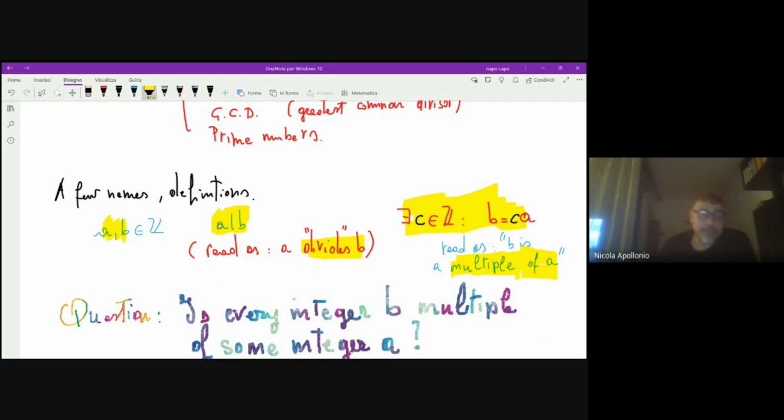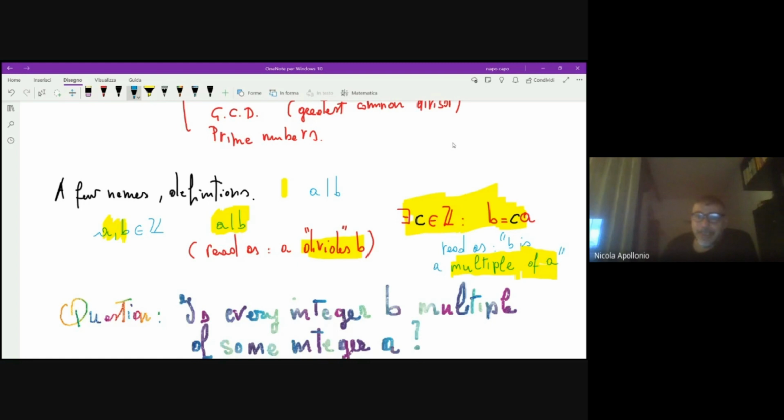What does it mean? a divides b, denoted by writing a vertical bar in between, whenever there exists an integer c in Z such that b is equal to c times a. This is equivalently stated as saying that b is a multiple of a, of course.